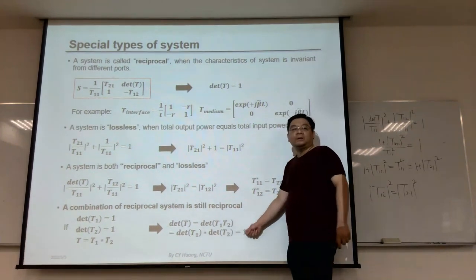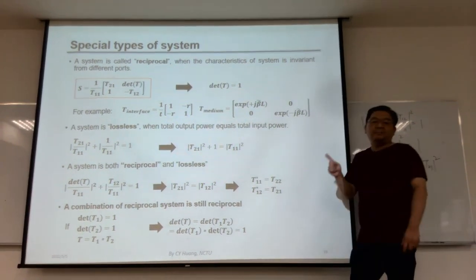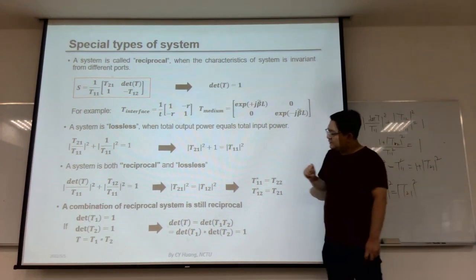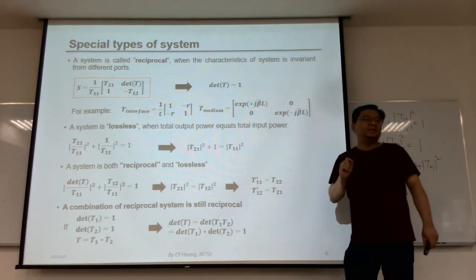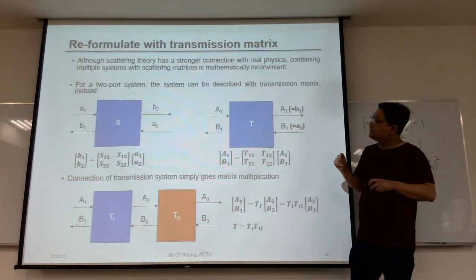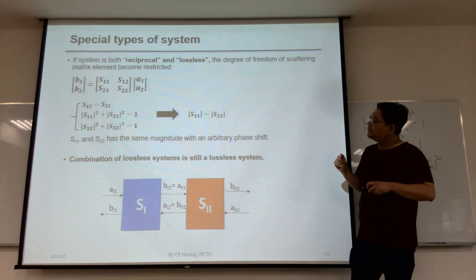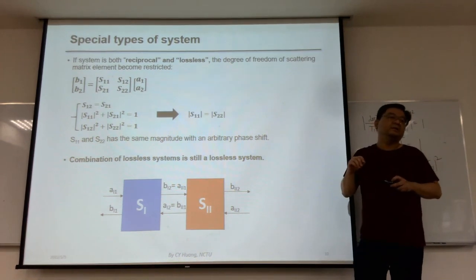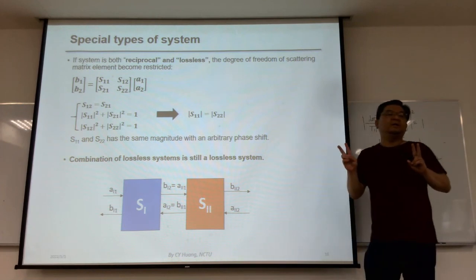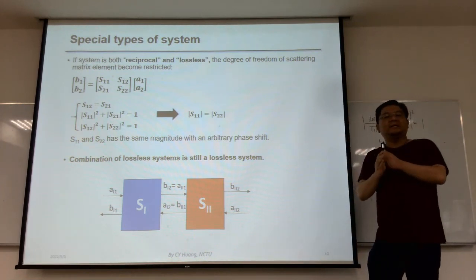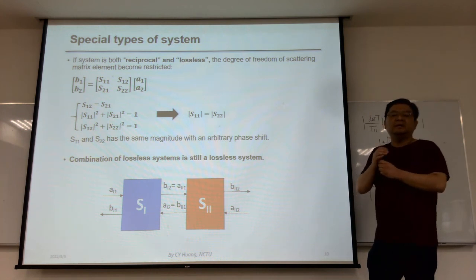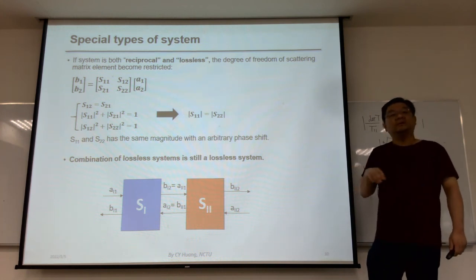According to linear algebra, it is still 1. So a combination of reciprocal systems is still reciprocal. From the scattering matrix, we find that a combination of lossless systems is still lossless. So both lossless and reciprocal have a property of combination.